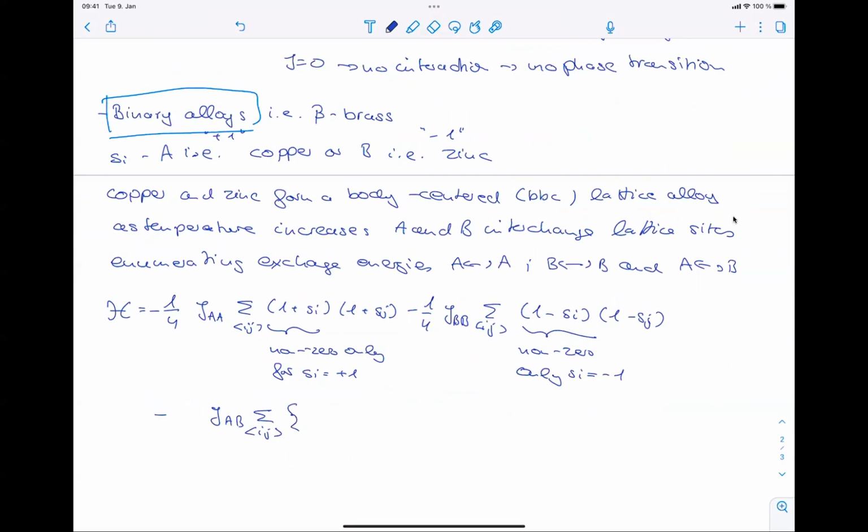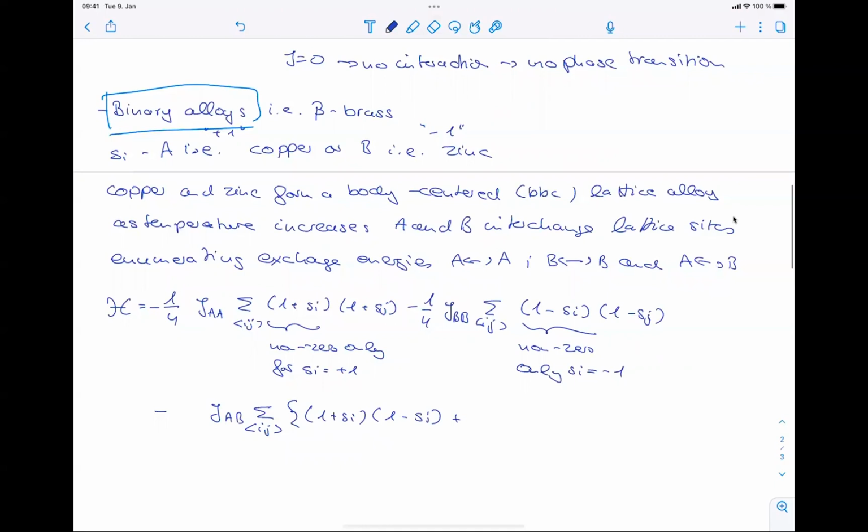And so to make sure that I have either the A and the B state interacting, I construct that as (1 + Si) representing the A state, and then (1 - Sj) representing the B state, but that can also be the other way around, right? So I could also write (1 - Si) to represent the B state and (1 + Sj) to represent the A state, and accordingly, I normalize again.